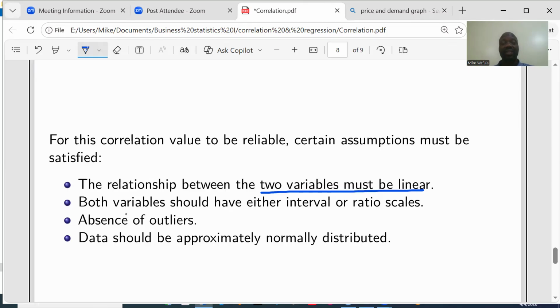Otherwise, if the relationship is not linear, then if you use Karl Pearson, the value will be unreliable. It also assumes that the variables are continuous, with data on interval or ratio scales, and that there are no outliers in the data sets across the variables, since extreme values can alter the reliability and accuracy of the value.